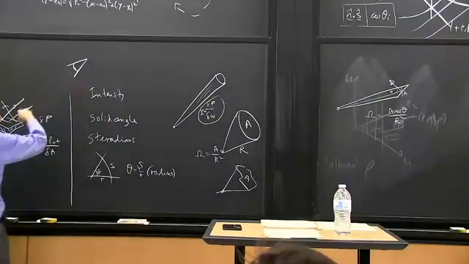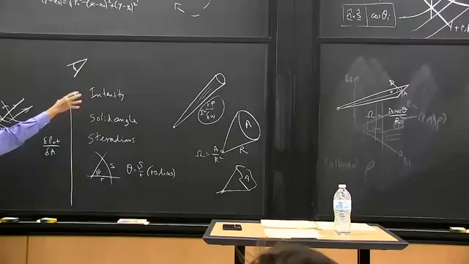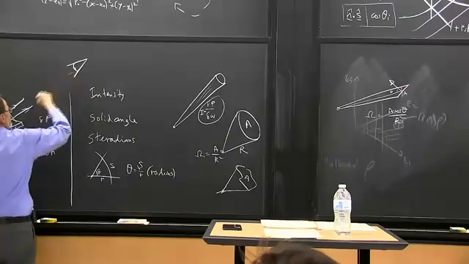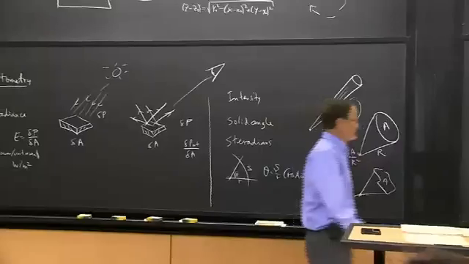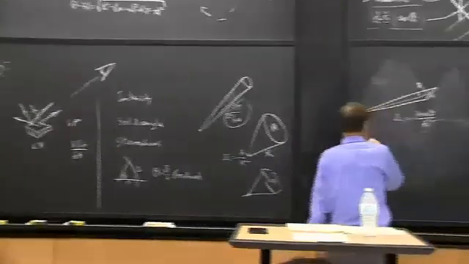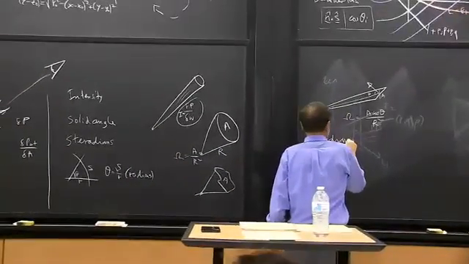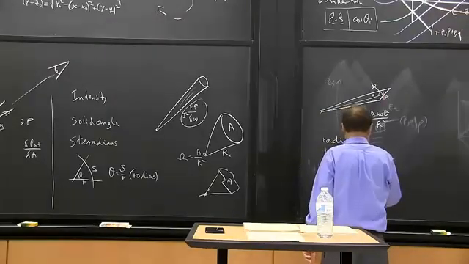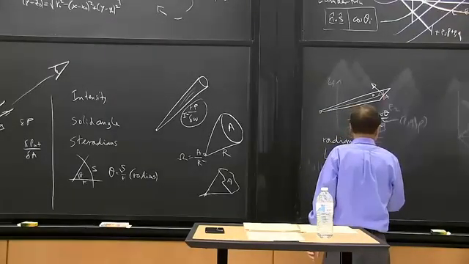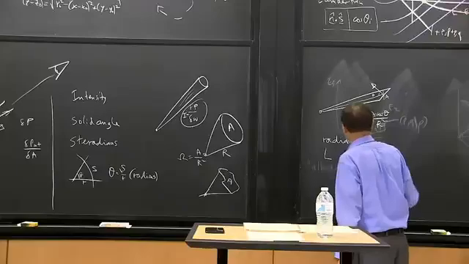We don't want to know the whole power coming off the surface. We're only interested in what reaches the observer or the camera. And so we introduced this idea of radiance, which is power per unit area per unit solid angle.